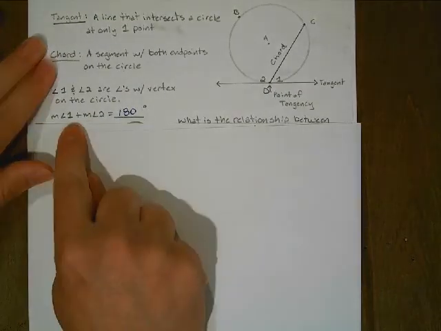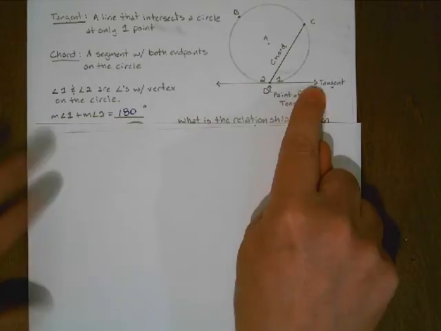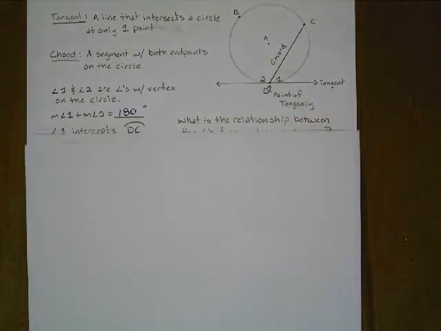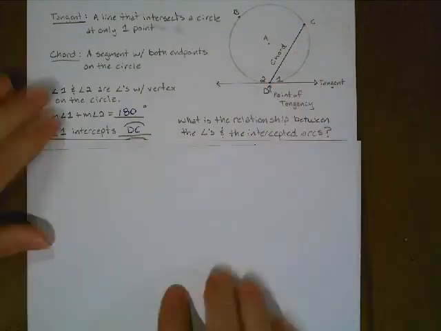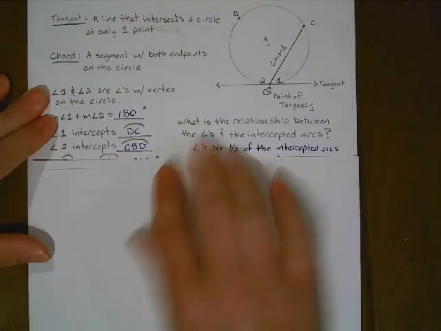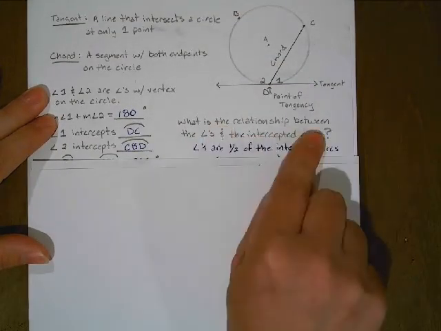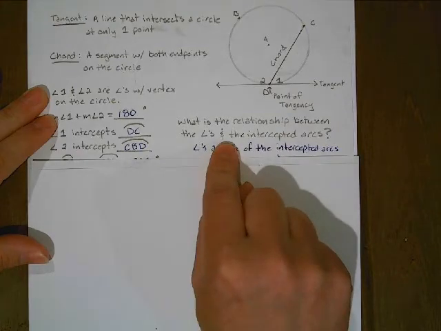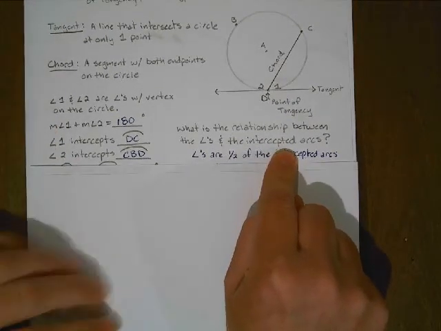We know that angle 1 and angle 2 are 180 degrees. Why? Because that's a straight line. So what is the relationship? Angle 1 intercepts DC, and angle 2 intercepts CBD. So what's the relationship between the angles and the intercepted arcs? Well, it's inscribed, so they have to be half.